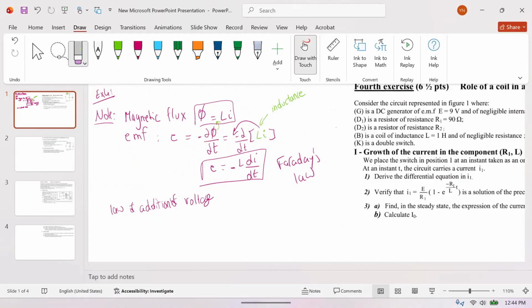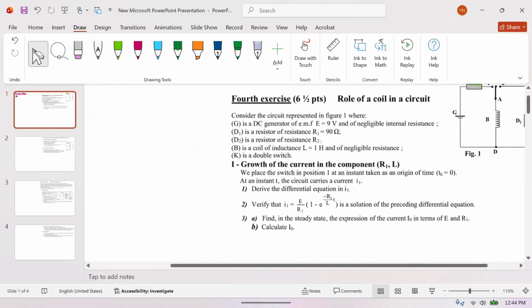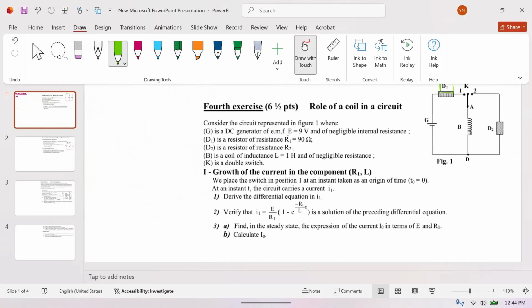If I have anything in mind when I'm solving, I will re-add some notes. Now, let's forget about the notes for a little bit. We have, in this problem, a generator of ideal voltage E equals 9.